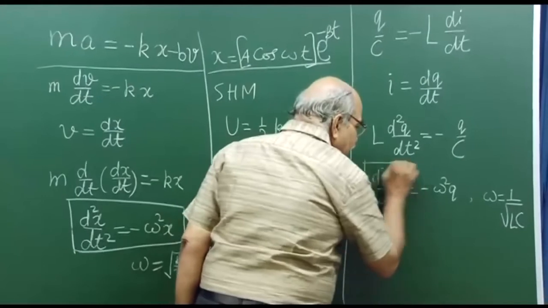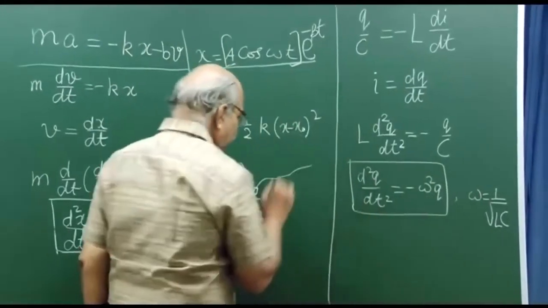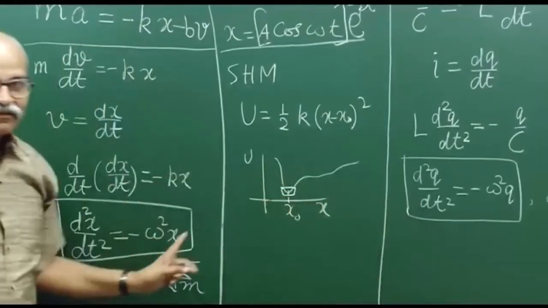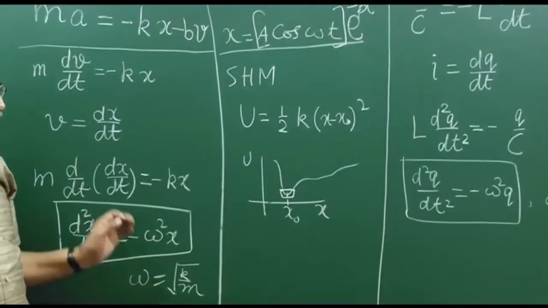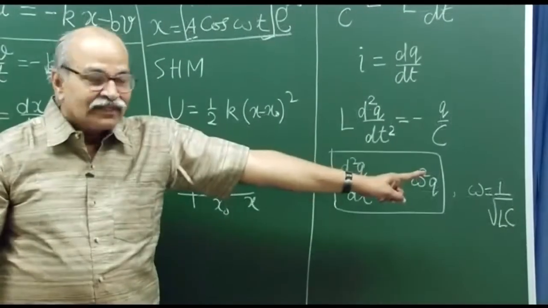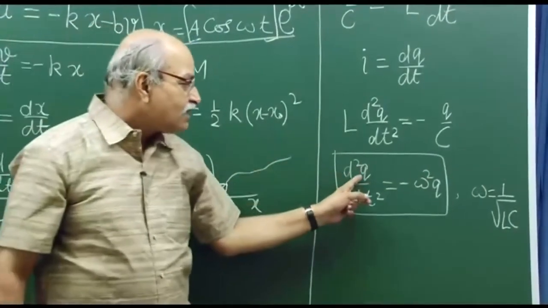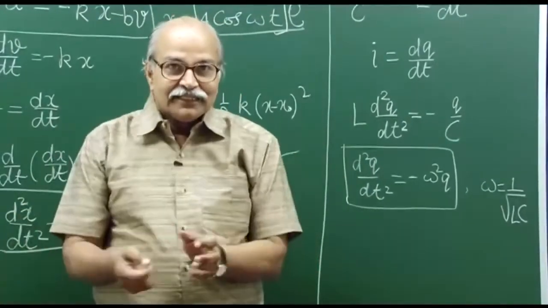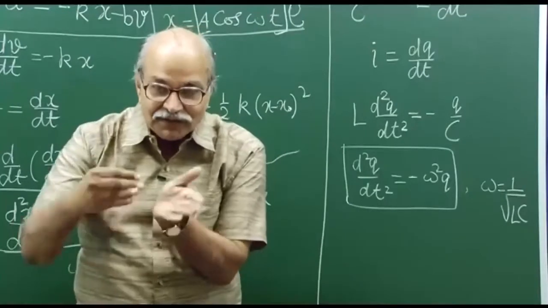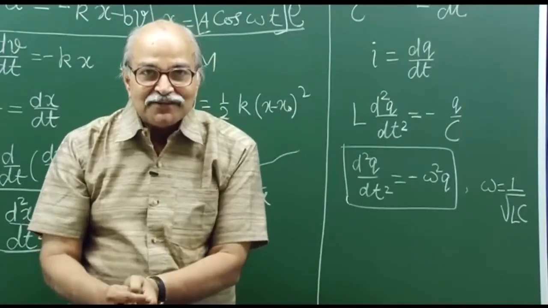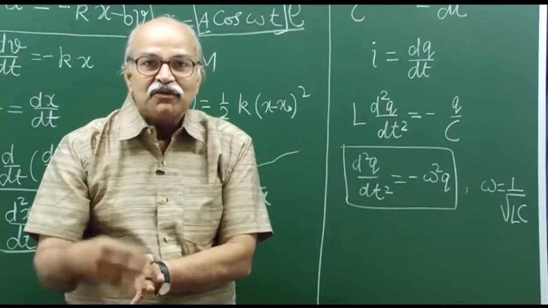Now, look at this equation and look at this equation. They have identical mathematical structure. So, the charge will oscillate, not physically, but the magnitude of charge on the capacitor plates. On the positive plate you have plus q, on the negative plate you have minus q.